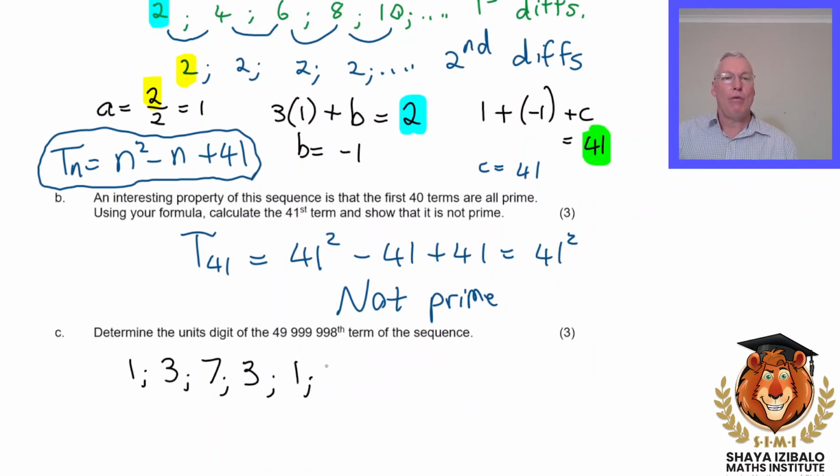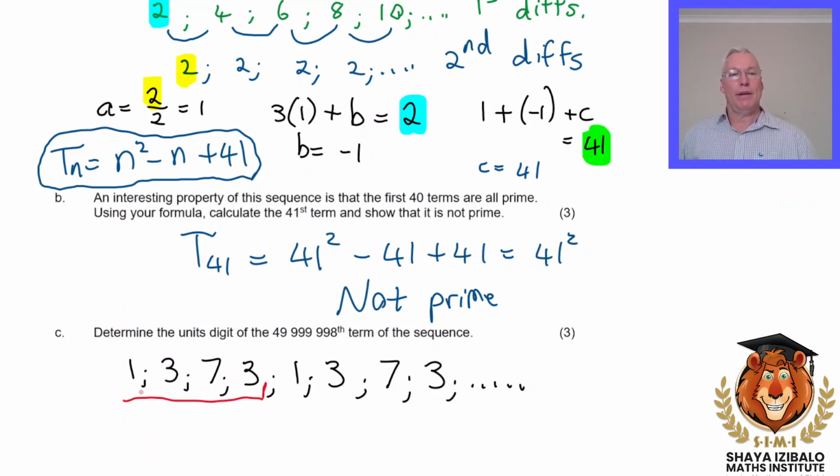It would end in 3 again. What actually ends up happening is that these digits just repeat like that. Now let's see how long the pattern takes to repeat. There, that's the pattern. So every single 4th term will end in 3.